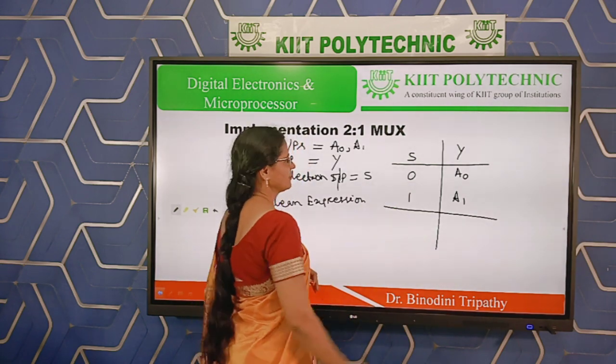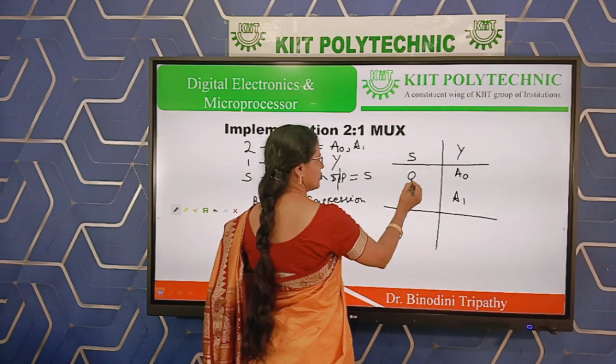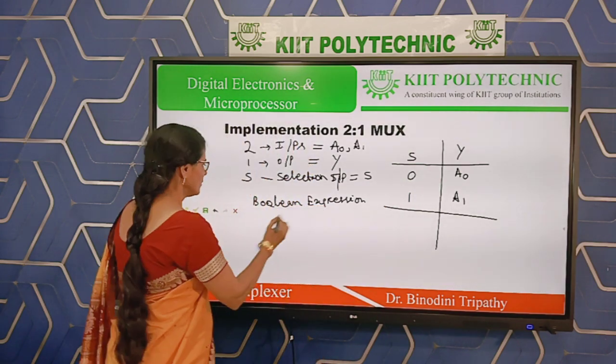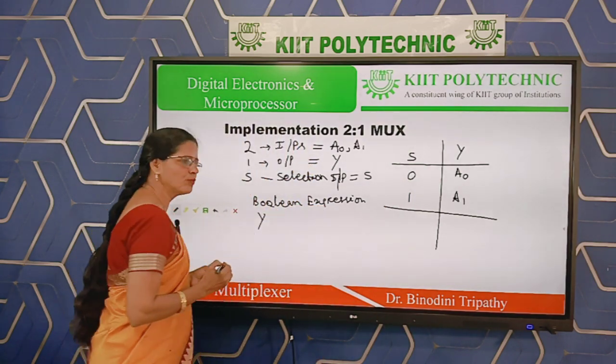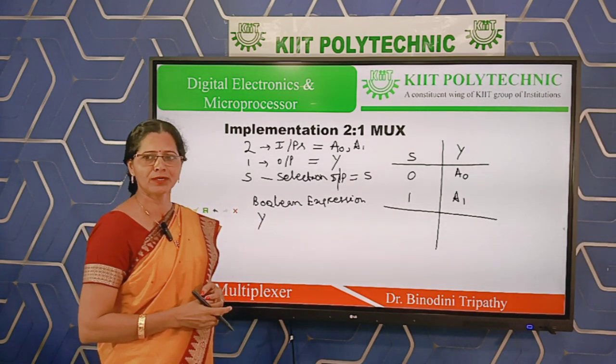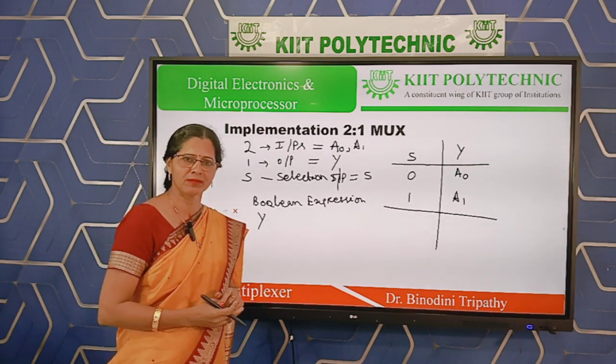Again, listen here: 0 means complement, 1 means the variable directly. 0 means S bar, 1 means S. Boolean expression means an equation for the output in terms of the input variables.